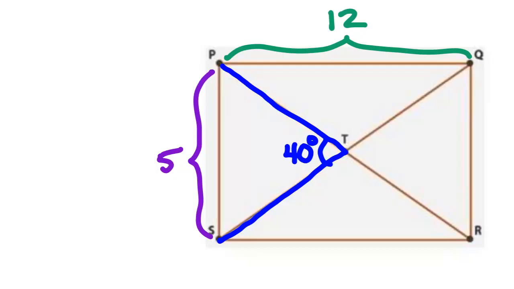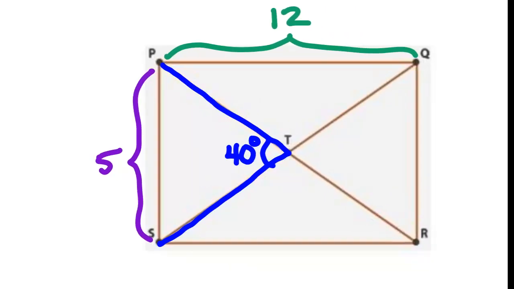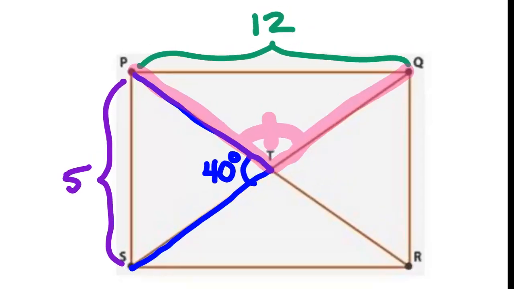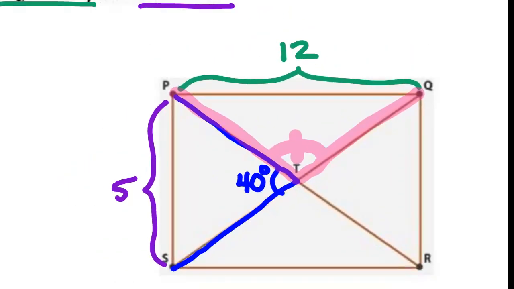All right. So let's dive in. PTQ. From P to T up to Q. So we're looking for this angle right here. What do we know about that angle and the 40-degree angle right next to it? Makes a straight line, and so that means it has to add to 180. So how would I find this angle then?